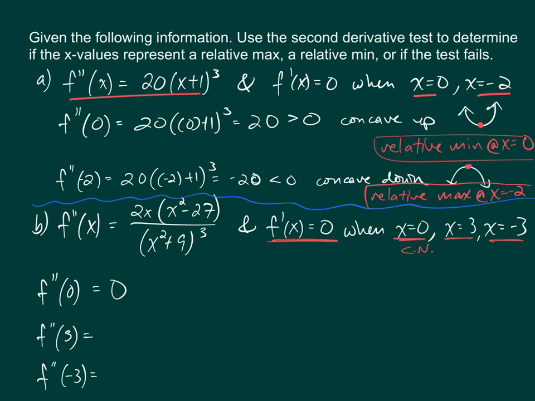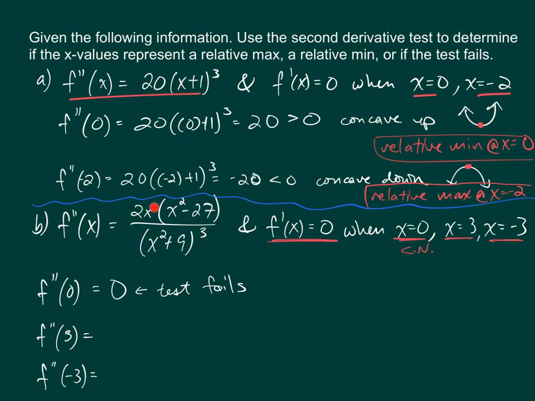So this is where the test fails. We have no idea what's going to happen here. If we don't know if it's concave up or concave down, then how are we supposed to tell whether it has a max or a min? However, for these other two, I want you to substitute the values 3 and -3 in here.